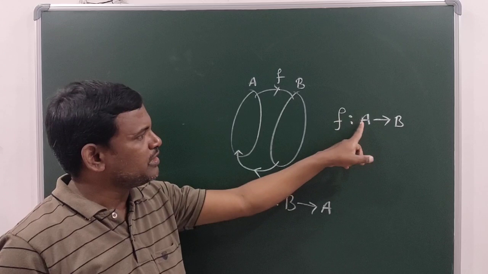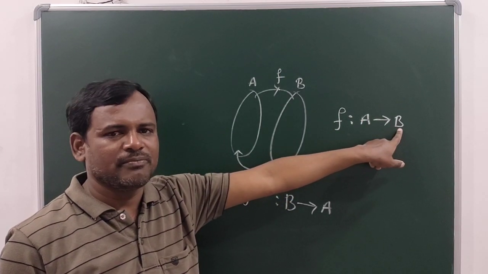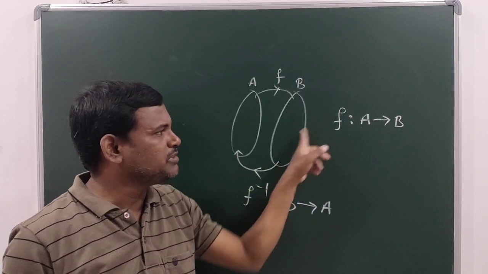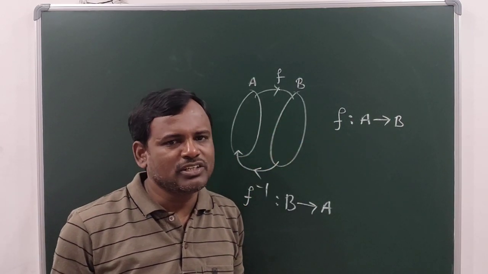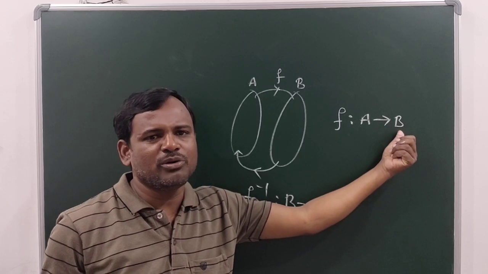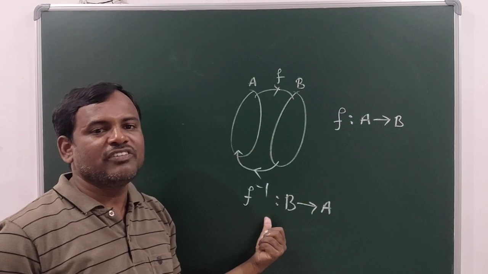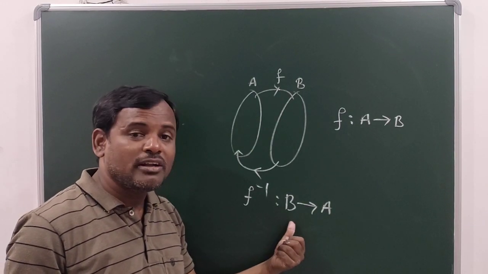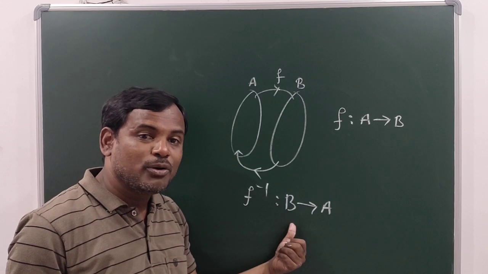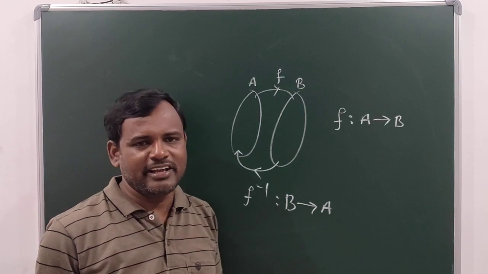So for this function, domain is A, range will be B. Okay, because I am saying that it is a bijective function. In a bijective function, as you know, codomain equals range. And here its inverse will map from B to A. Observe that B is the domain of the inverse function and A will be the range.